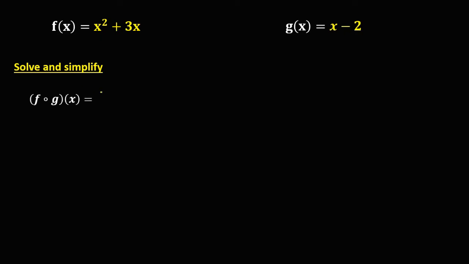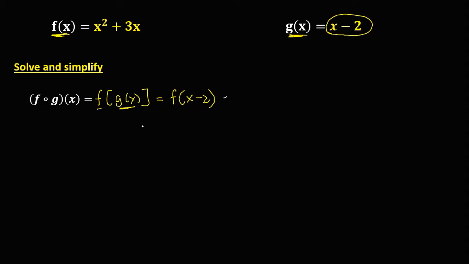So again, this equation is equal to f of g of x. Since f of g of x, from f of x, x is equal to g of x. Then, since g of x is equal to x minus 2, we can rewrite this one as f of x minus 2.